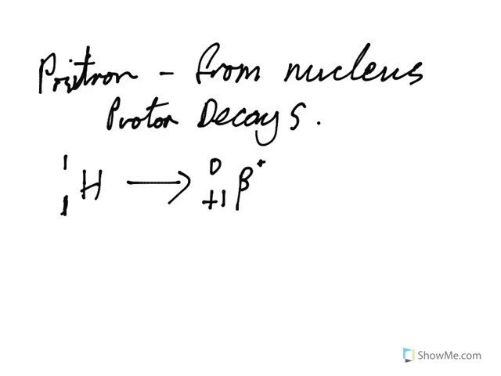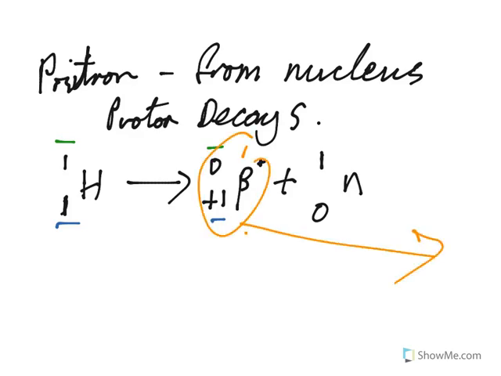Because we've got to balance, the atomic number's got to be a total of 1, which it already is, so this new particle has got to have an atomic number of 0. And our mass number 1 there, it's 0 there, so this new particle's got to have mass 1. It's a neutron. And then this beta particle, of course, is shot out of the nucleus.